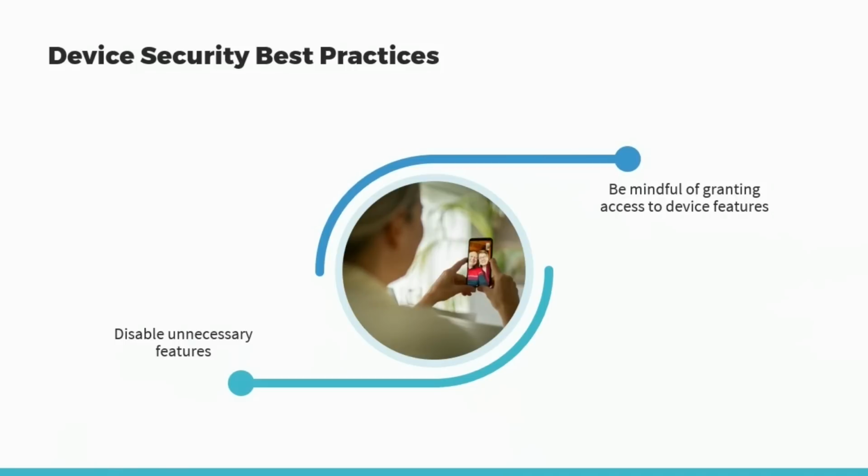For example, you might have noticed that when you install a new app or enable a new feature, you might be prompted to allow that app or feature to gain access to something like your photos, location services, or other information that could be sensitive in nature.